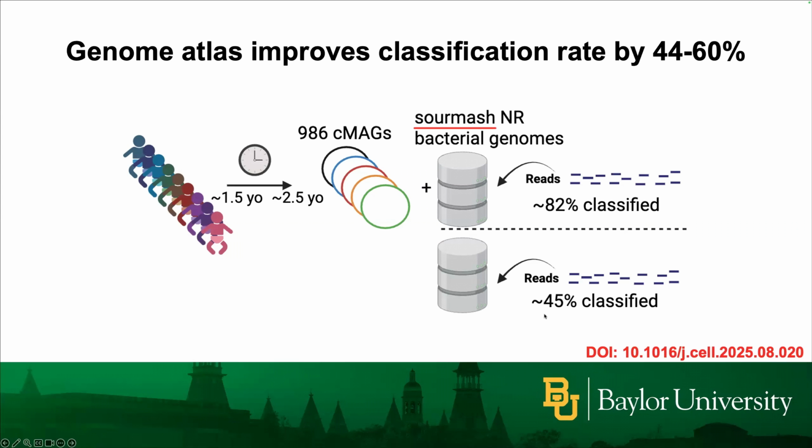Without the custom database, over half of your data is unclassified, meaning you don't have any taxonomic assignment. Whereas when you utilize genomes from your own data set, you can increase this classification rate to 82%, from a total of like 44 to 60%.